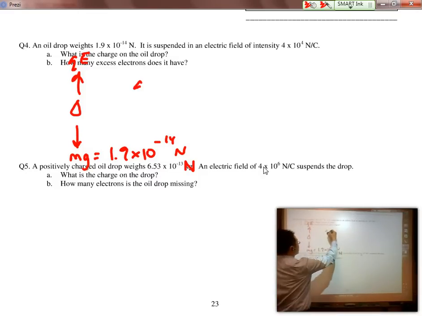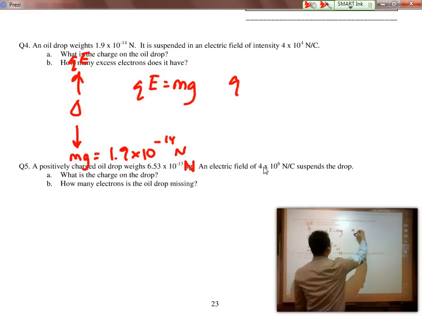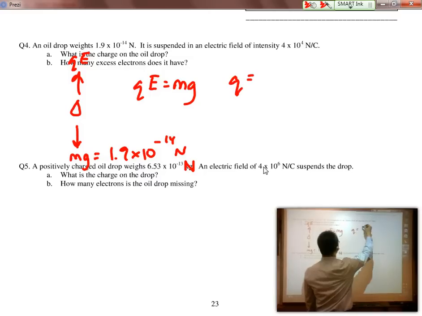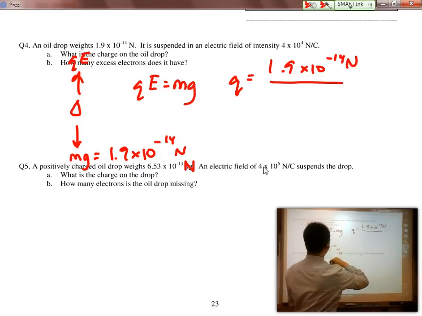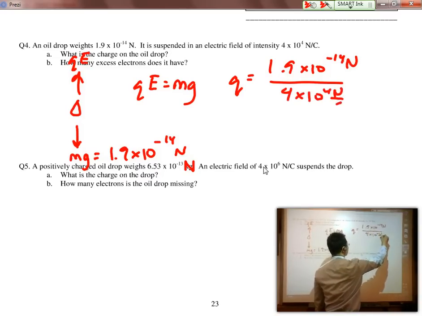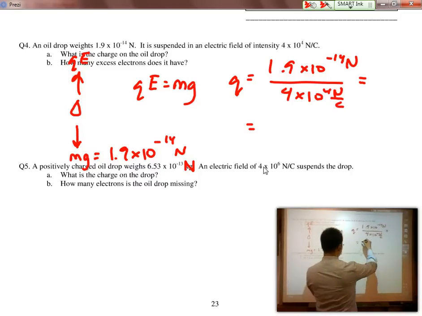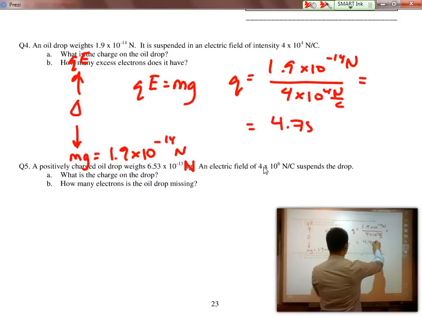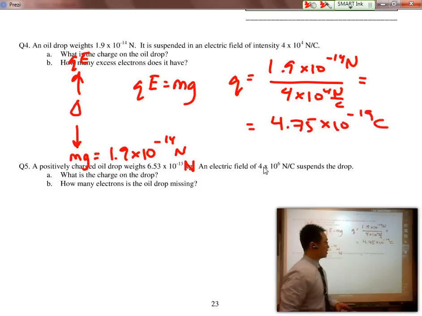So knowing that QE can be set equal to mg, Q is equal to 1.9 times 10 to negative 14 newtons divided by 4 times 10 to the 4th newtons per coulomb. And this equals 4.75 times 10 to negative 19 coulombs, which is an approximation.